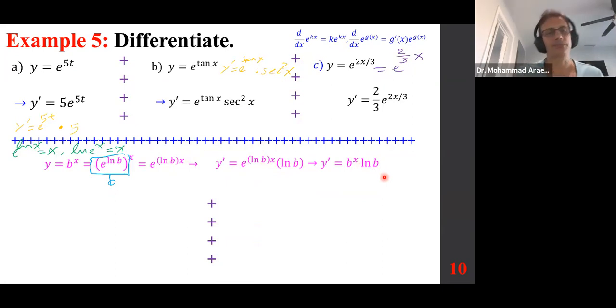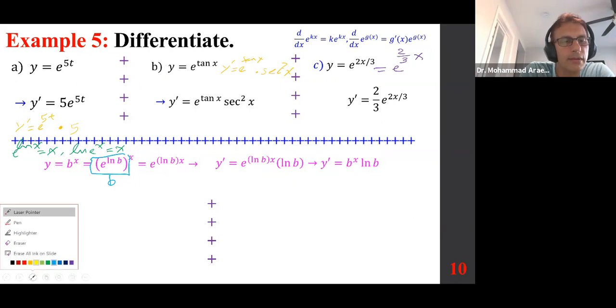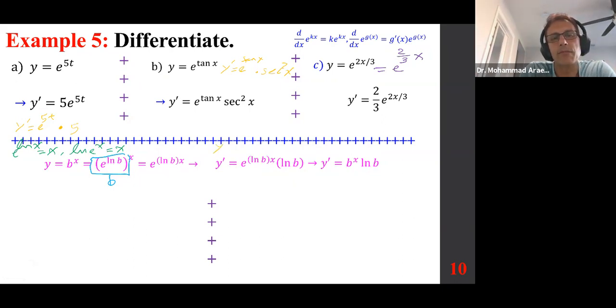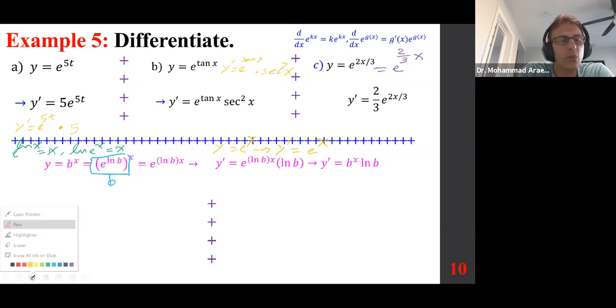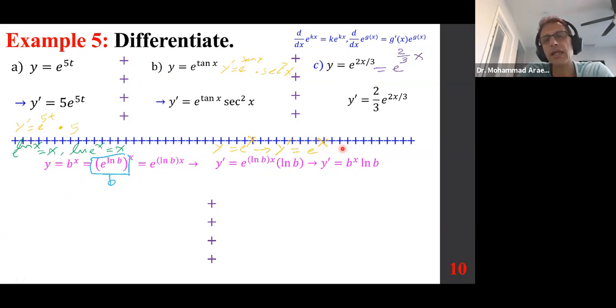What does it mean? It simply means if you're differentiating e to the power of x, the answer is e to the power of x. But if you're differentiating b to the power of x, it's b to the power of x times natural log of the base. Okay, so class, one way to look at it, you can say times ln e here for this guy, ln e is 1, so times ln b.